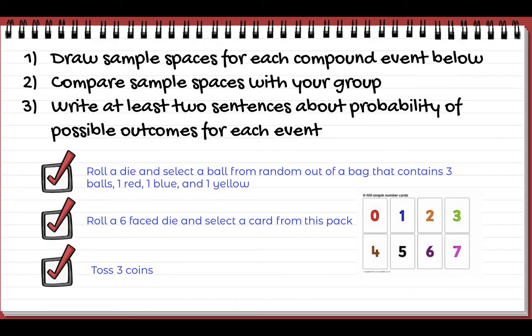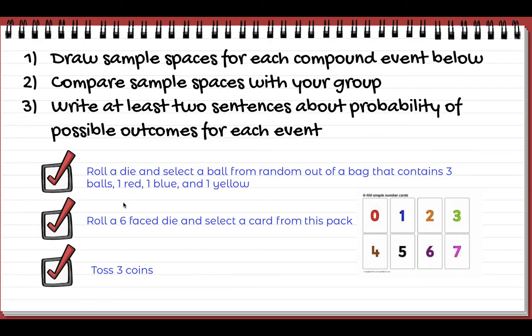Maybe you had the titles the other way around. Just see how that affects things. Number 3, write at least 2 sentences about the probability of possible outcomes for each event. Okay, so think back to the probabilities that we wrote in this video, and you choose 2.